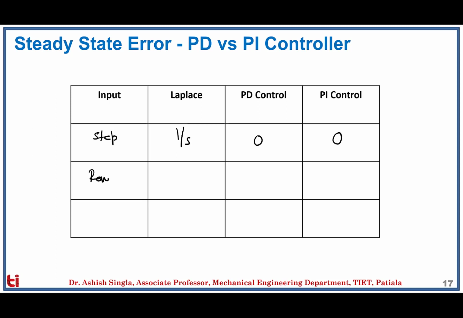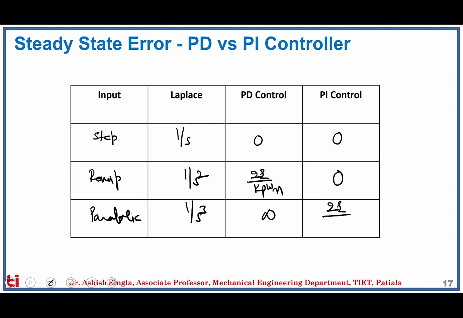If we now come to ramp input, where the Laplace transform was given by 1 by s squared, the steady state error using PD control was 2 zeta by kp omega n, which is a finite value, and this finite value has been reduced to 0 using PI control. And finally, if we have a parabolic input where the Laplace transform is 1 by s cubed, using the PD control the steady state error was infinite, which has been reduced to a finite value equal to 2 zeta by ki omega n.